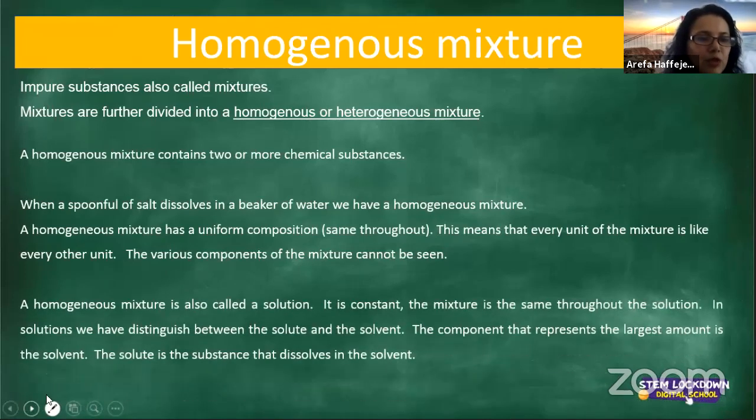A homogeneous mixture is also called a solution, which you have learned in earlier grades. It is constant. The mixture is the same throughout the solution, as I explained earlier with the salt and the water. In solutions, we distinguish between a solute and the solvent.